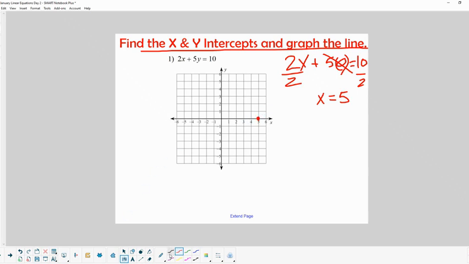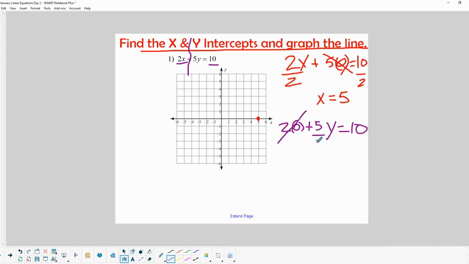Now we're going to find the y-intercept. So at the y-intercept, it's told us to make x equal to 0. And then we'll find the y value. So that's going to look like this. And I think we talked about, it's kind of like the same thing as if you cut this equation in half and just set each half equal to 10 and solve for x or for y.